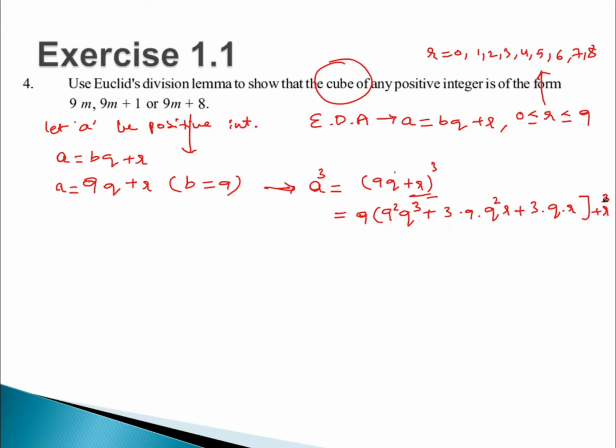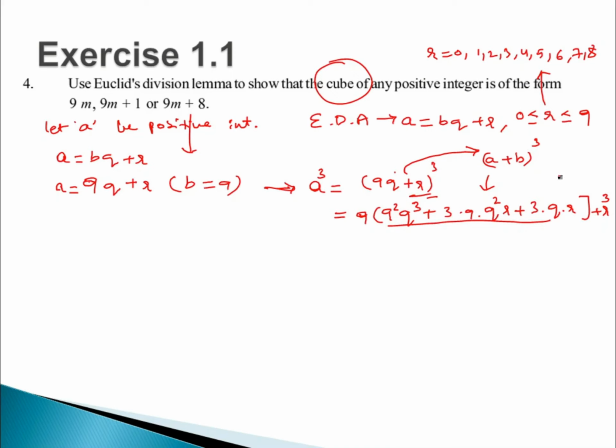Am I clear? What I have done here is simply cube this. So this is your resultant. Now if I look at the last value, this itself is your Q value, so I'm assuming this to be a Q.